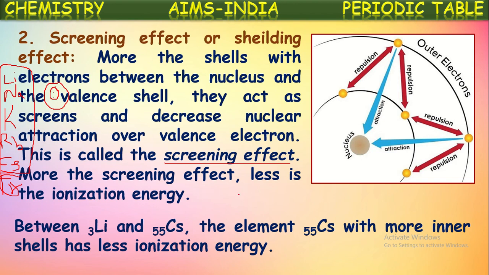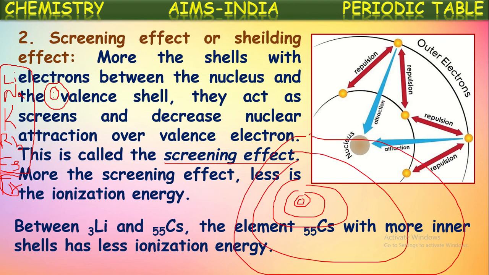Coming to cesium, there will be six shells totally. In cesium, there will be five shells between the outer electron and the nucleus. So these inner shells will shield or screen the outer electron present in the outermost shell. Because of this shielding by inner electrons, the nuclear force of attraction on this electron will decrease.